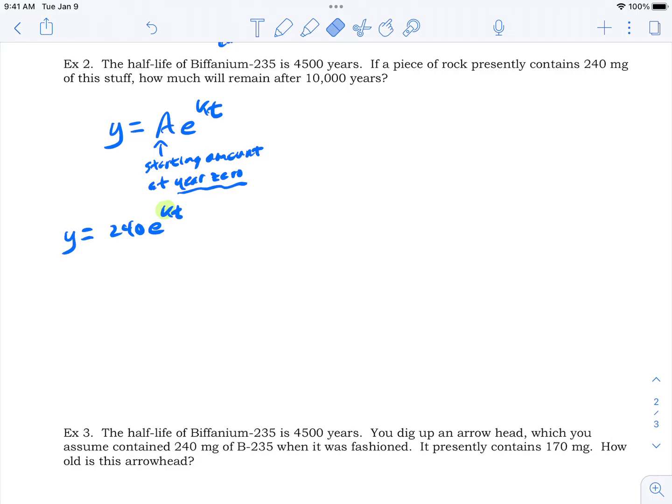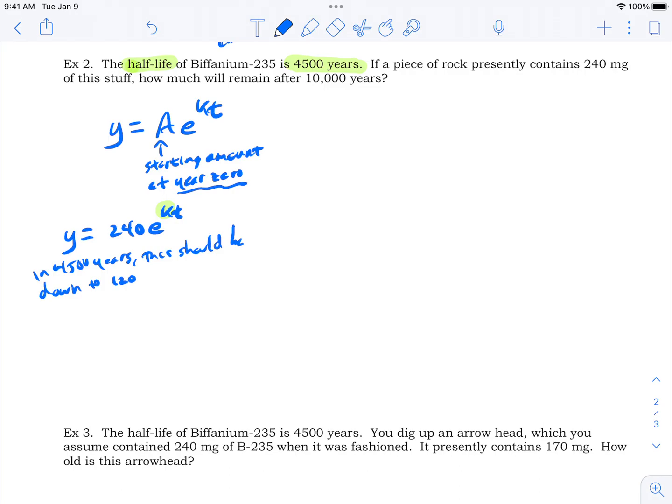You know that after 4,500 years, you should have only half left, because that's the half-life. The half-life is 4,500 years, means in 4,500 years, this should be down to 120. So there's our data point.